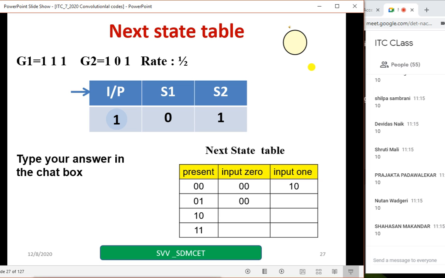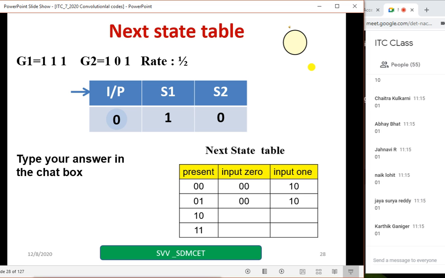Okay, let me take another. It is 10. Correct. Let me take the state as 10 now. Now the input I am giving is 0. What is the next state? Chaitra has typed.